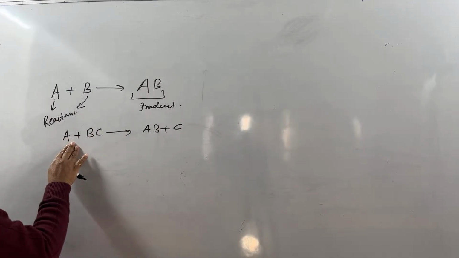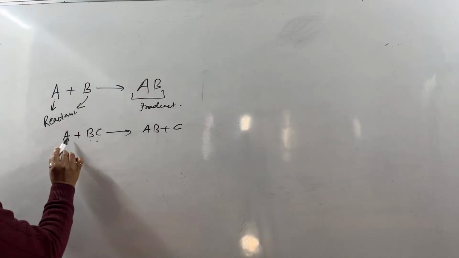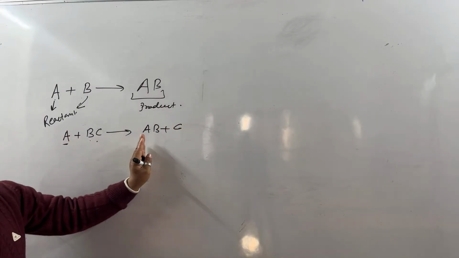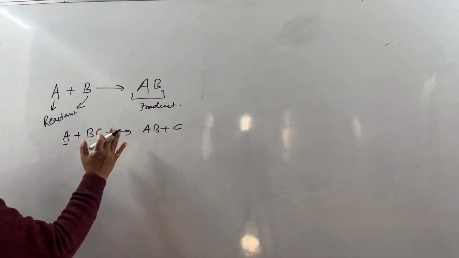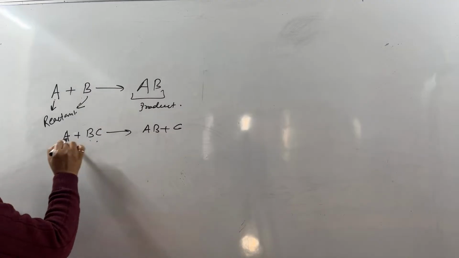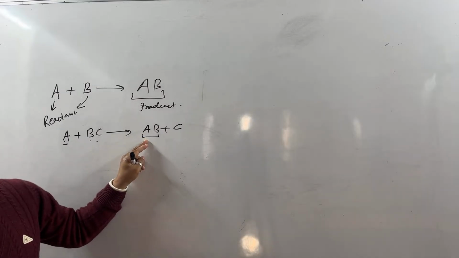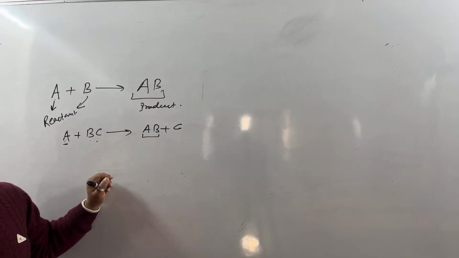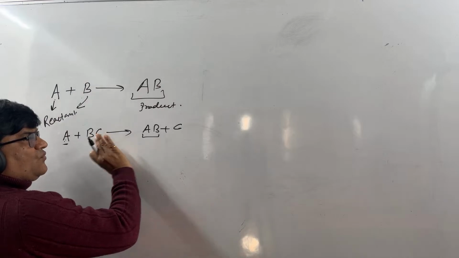But in this reaction, A reacts with BC and replaces C, and is added with the B. Means A is replacing C, pushing C to go out, and A reacts with B, so AB is formed. Here once again combination is taking place, but not complete combination. Something which was already in this is going out.